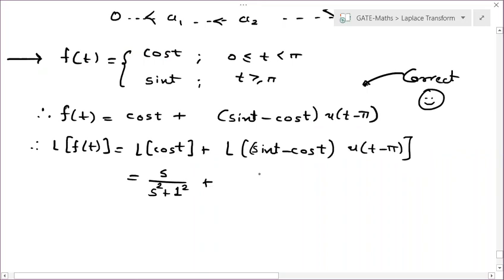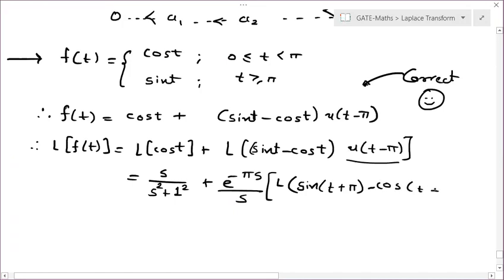Plus e to the power minus as divided by s, Laplace of f of (t plus a). So this is Laplace of (sin(t plus pi) minus cos(t plus pi)).